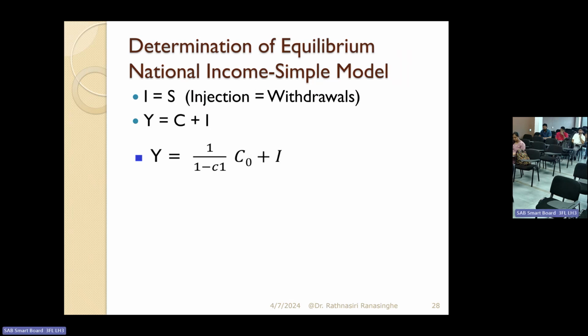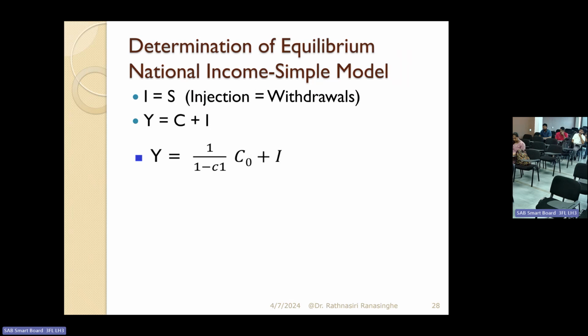In order to explain the behavior of those two sectors, we take the equilibrium when aggregate demand equals aggregate supply, which equals aggregate expenditure. So we take Y, for aggregate demand or aggregate expenditure, equals C plus I. Our consumption function, which we discussed earlier, depends mainly on disposable income, or in a simple economy with no government sector, on the national income.